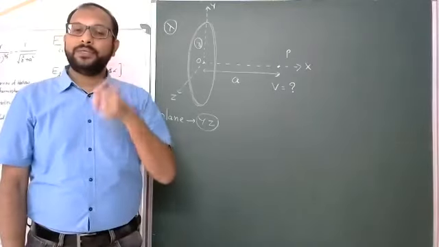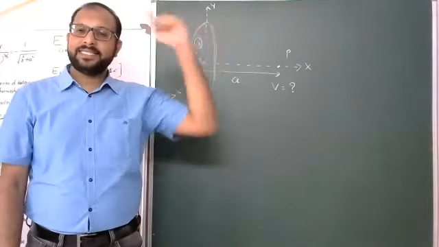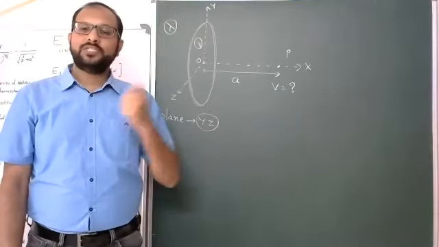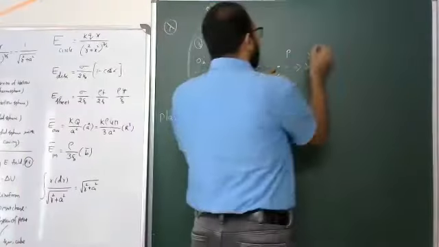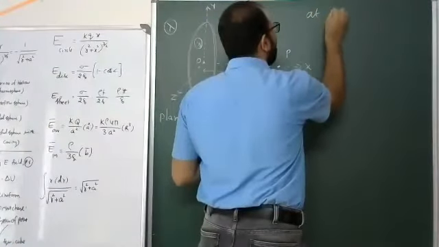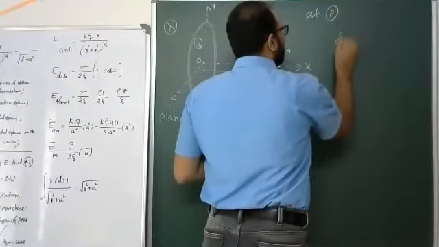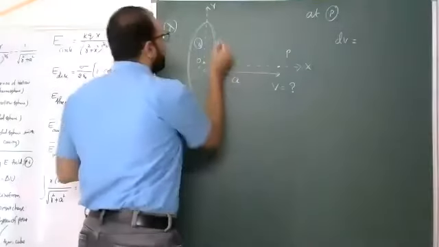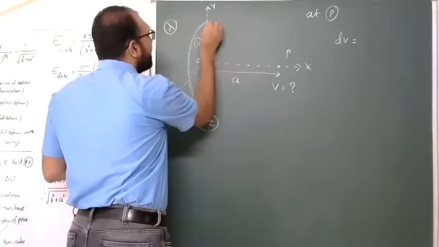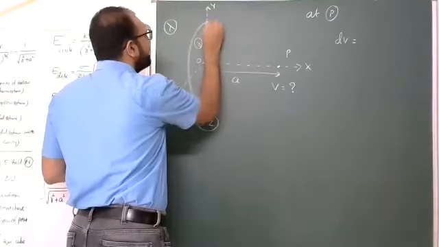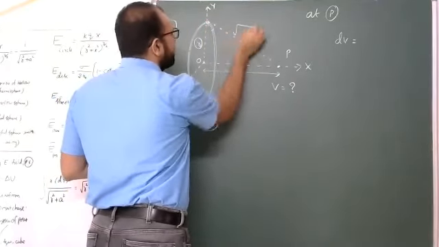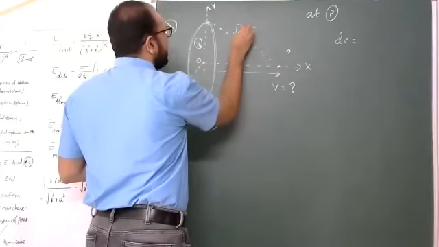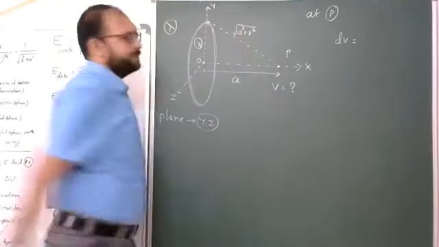But now method 2. Already we integrated in case of a point charge, so that's why I am using that method directly now. At point P, potential due to only one small strip. Here one small strip I am taking, students. This strip is at a distance root over a square plus r square.